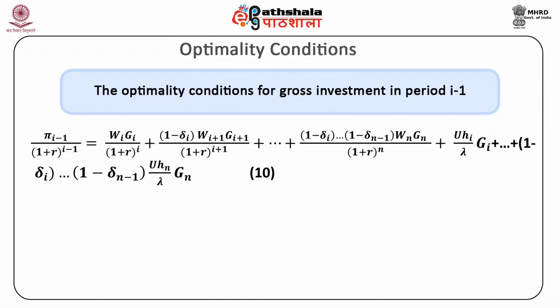plus till (1 minus delta i) till (1 minus delta n minus 1) into Wn Gn upon (1 plus R) raised to the power n plus Uhi upon lambda into Gi plus till (1 minus delta i) till (1 minus delta n minus 1) into Uhn upon lambda into Gn, equation 10.